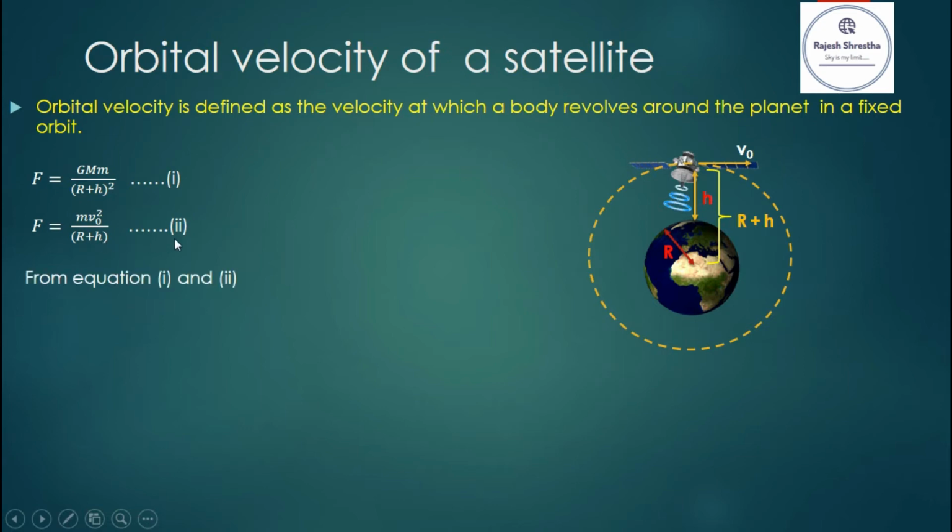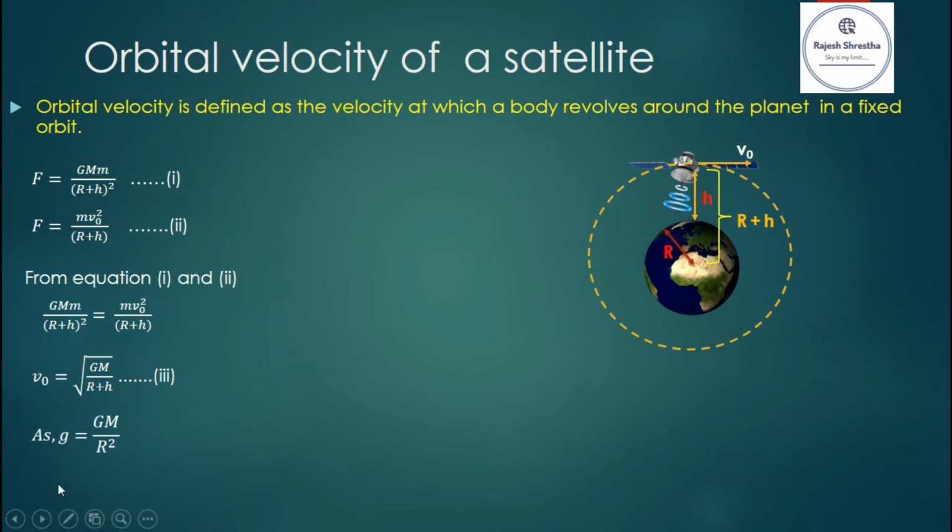From equations 1 and 2 we can write GMm by (R plus h) whole square is equal to m v0 square by R plus h. Now after solving, we will get v0 equals root under GM by R plus h, and this is the required expression for the orbital velocity of the satellite.